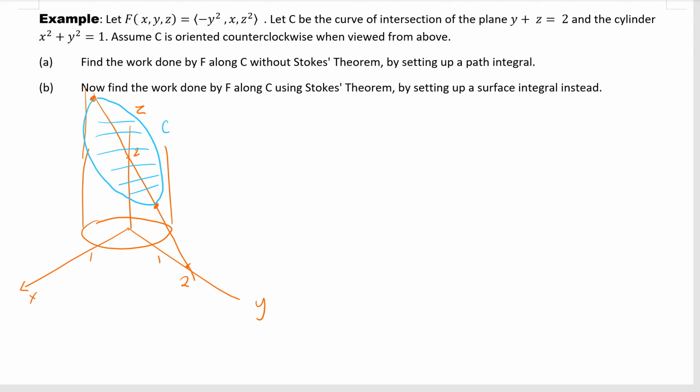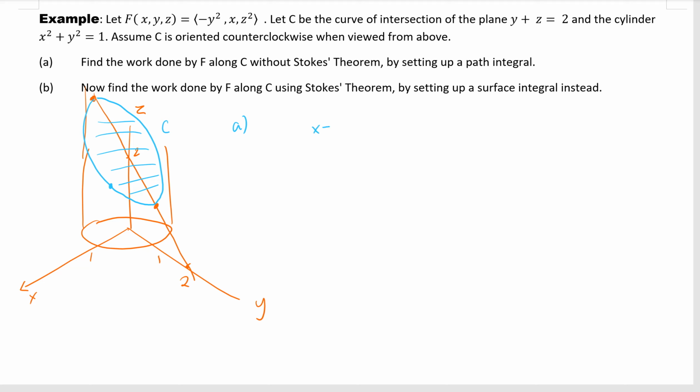So in order to calculate the line integral, we need to find a parameterization, right? And this is a one parameter parameterization. Because when the point is on this curve, if we project down, we are on the unit circle, right?